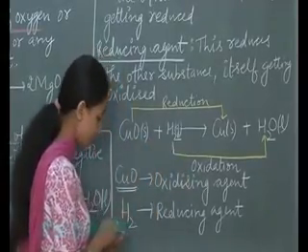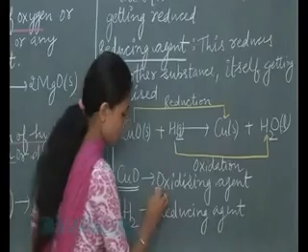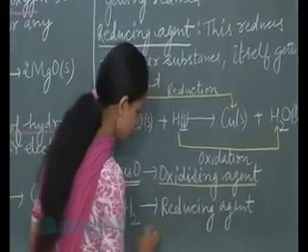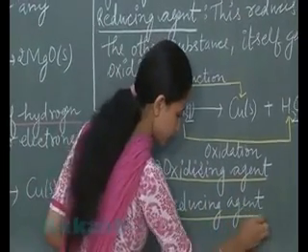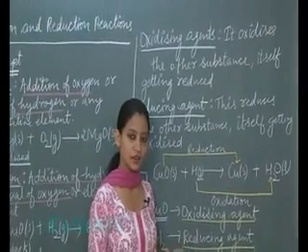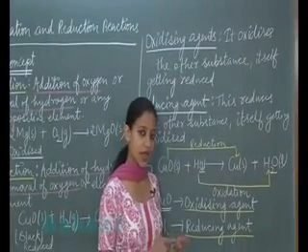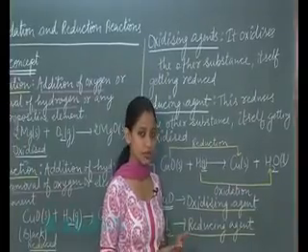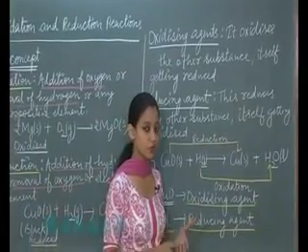So students, here the oxidizing agent is copper oxide and the reducing agent is hydrogen. I hope students, from this reaction, oxidation, reduction, oxidizing agent and reducing agent is clear to you. Next students, let us see further more examples.